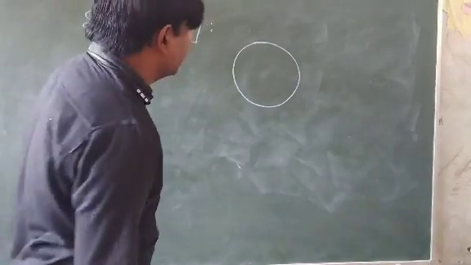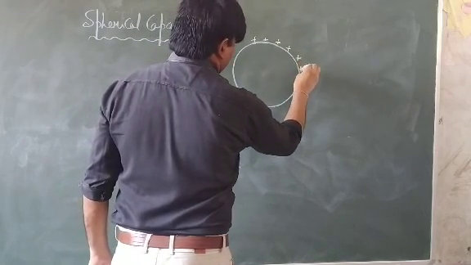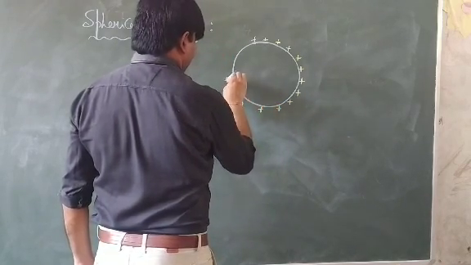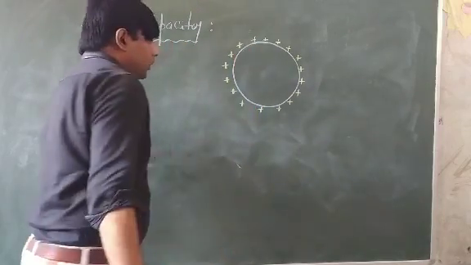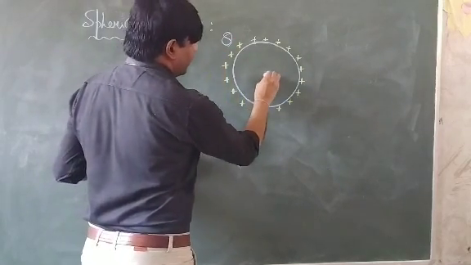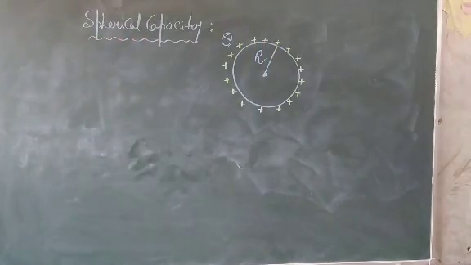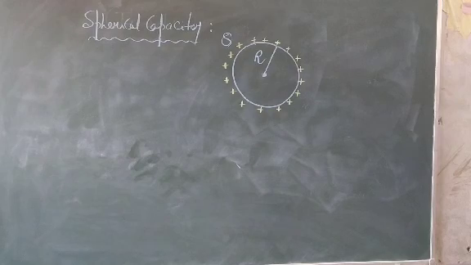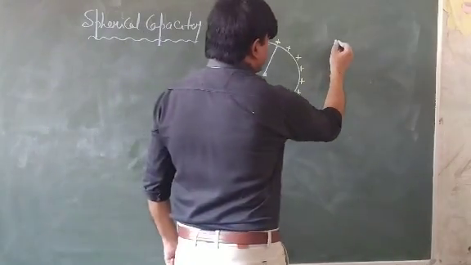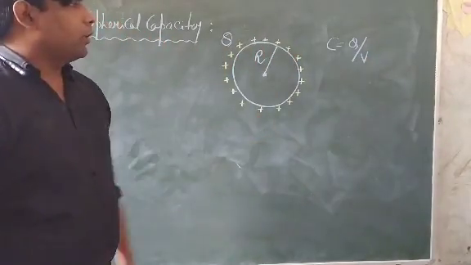Let us say this is a spherical capacitor having charge Q on it, and the radius of the capacitor is R. The charge is capital Q, and the radius is R. We require the value of capacitance.